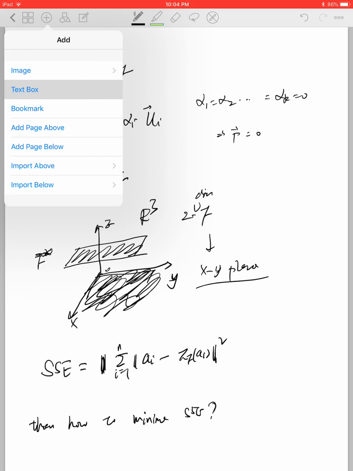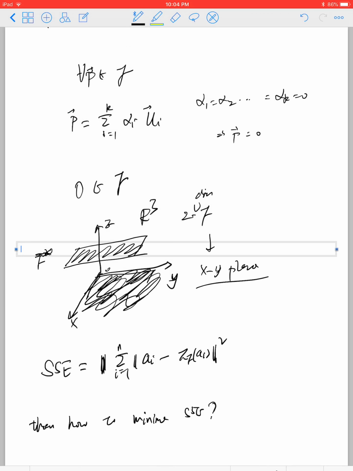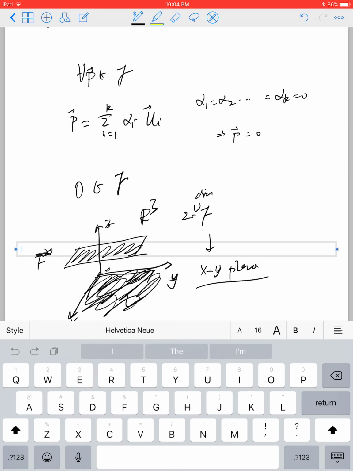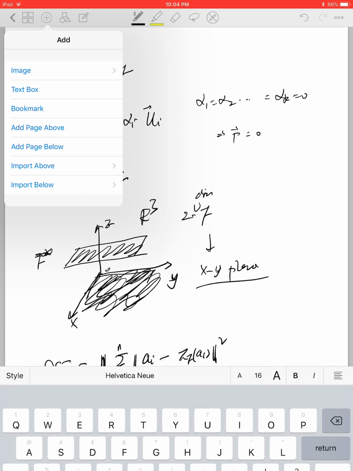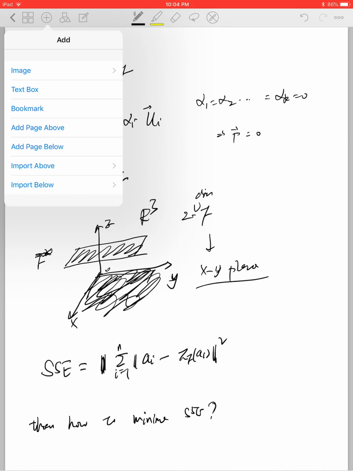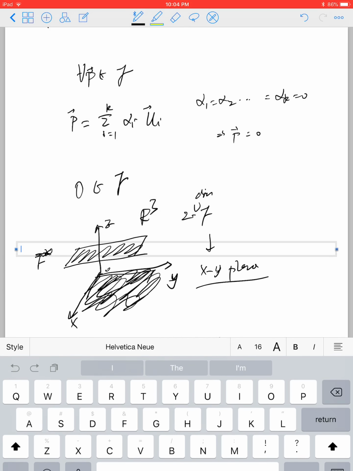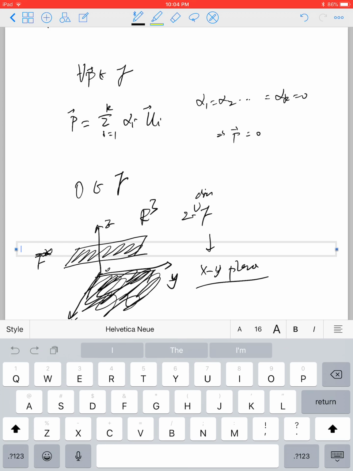So in this case, we should be aware that we allow the subspace to exclude zero, to exclude the origin.